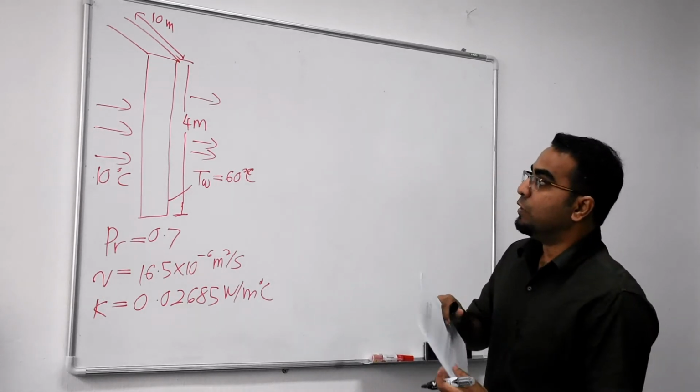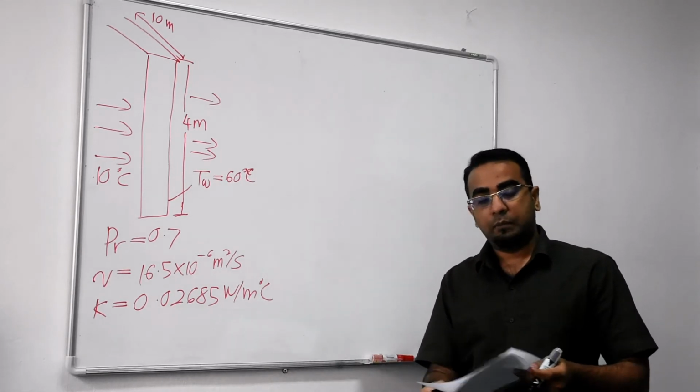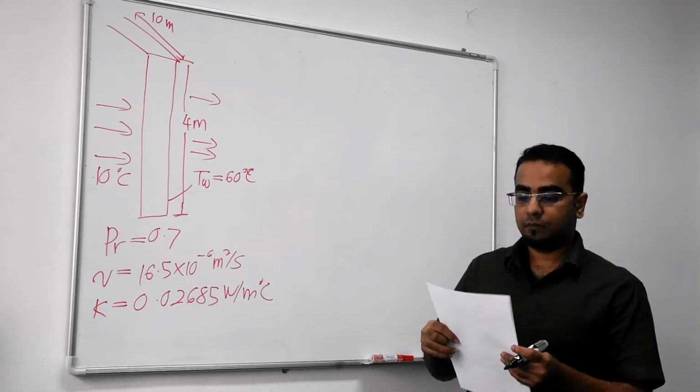Now we know that this is our flat plate and we have air. So we can make an assumption that air is an ideal gas.